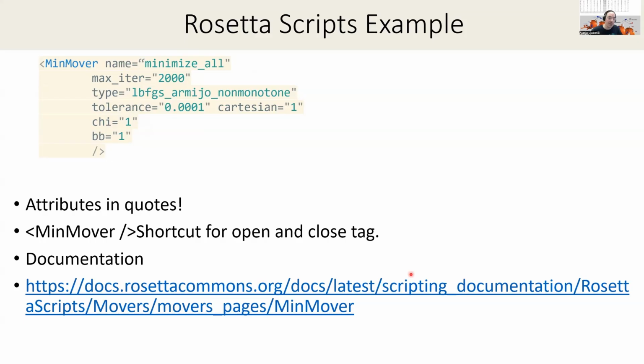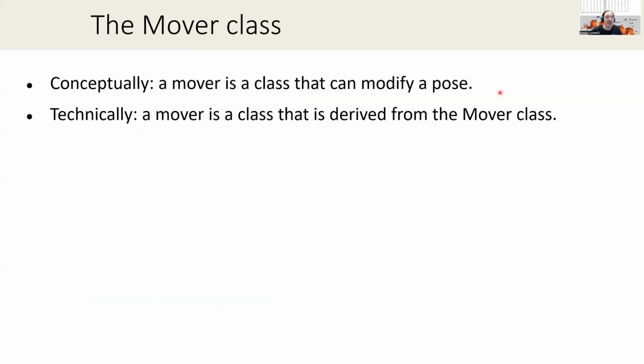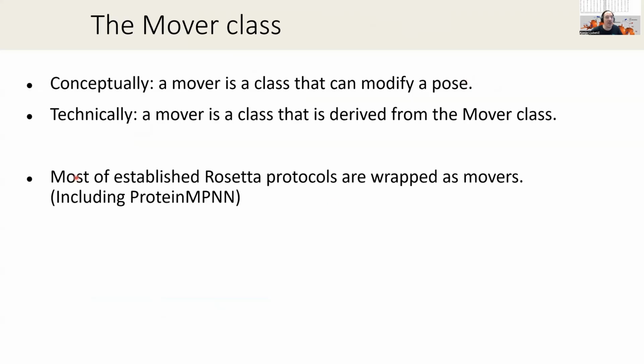RosettaScripts is the best documented part of Rosetta, so I would recommend starting there. We'll share the PDFs of these slides at the end. The mover is a class that can modify a pose, and it's derived from a mover base class. Most of the established tasks you can do in Rosetta are implemented as movers.